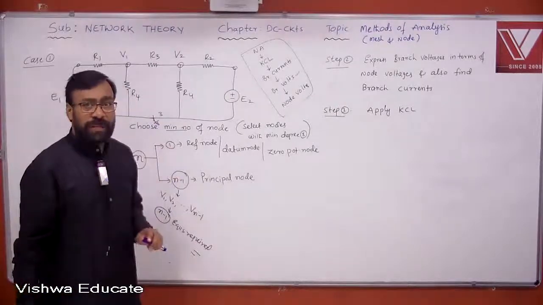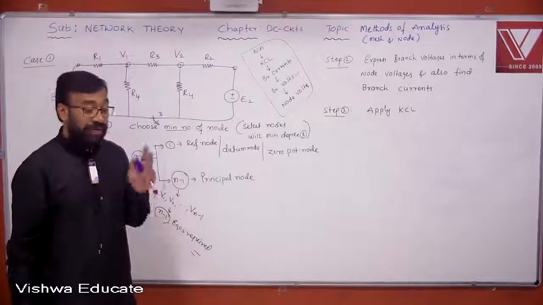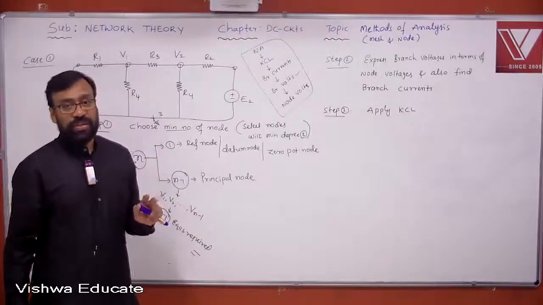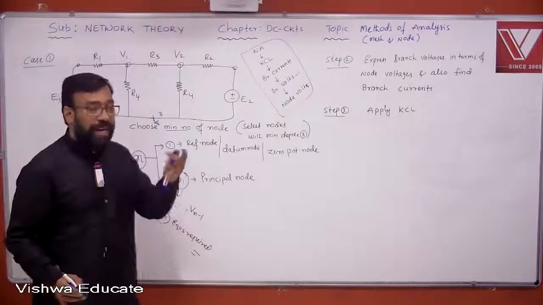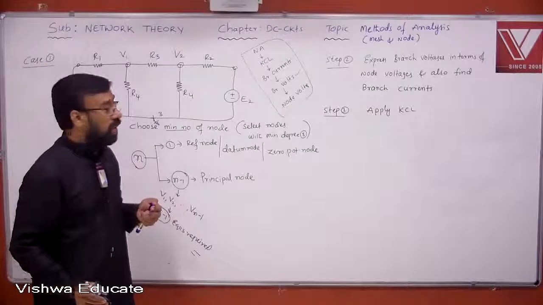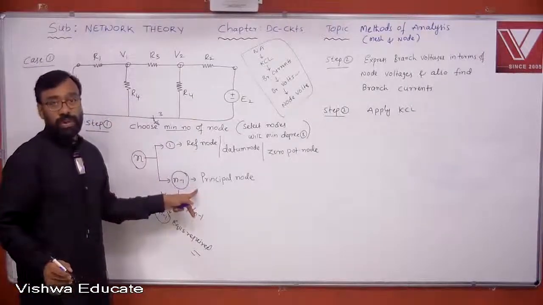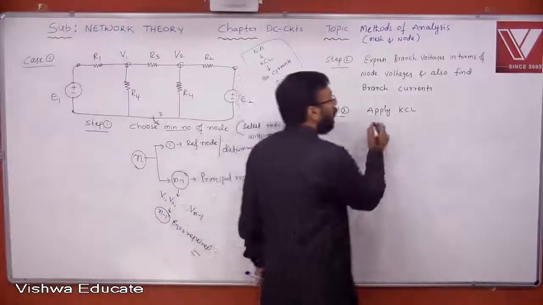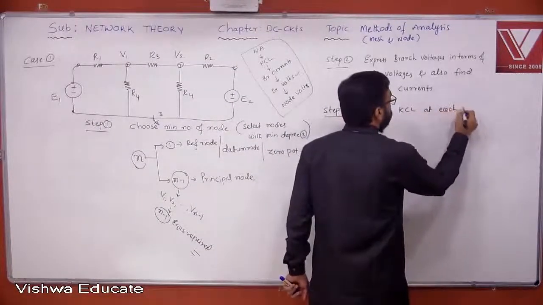At any node you can apply KCL, right? You have a right to apply KCL at every node, and at every node KCL must be satisfied. So to get the equations, we can apply at every node, but to make it very systematic and more disciplined, we apply this KCL at each principal node.